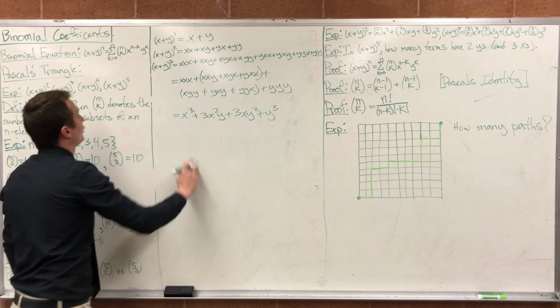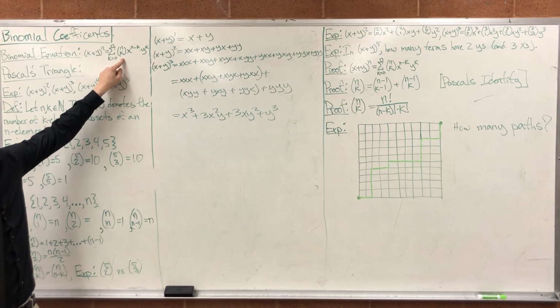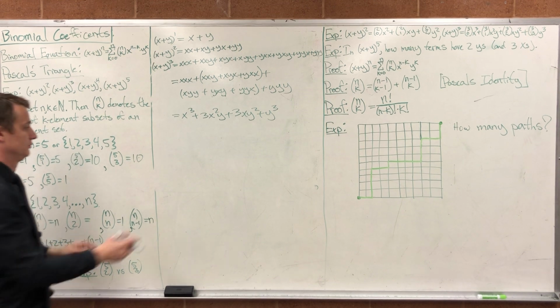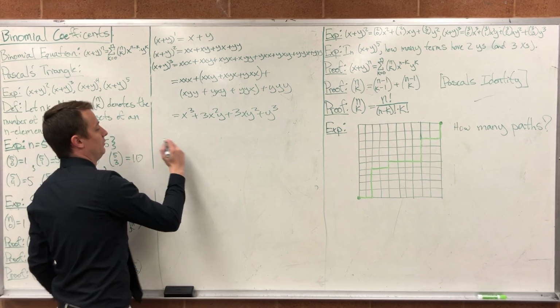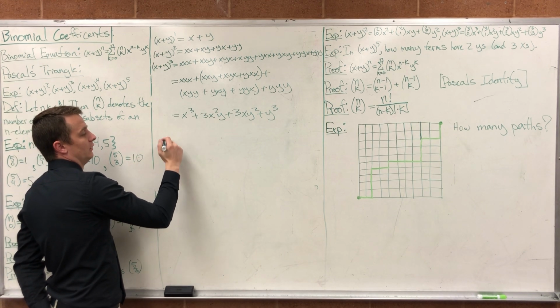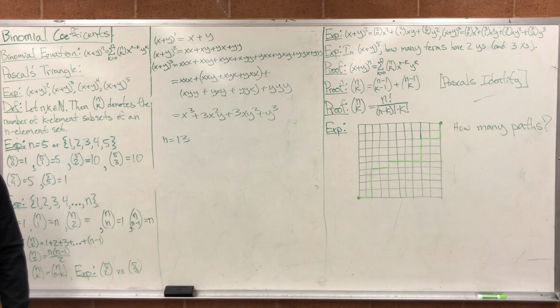Because for some arbitrary element here, if we were to expand this out, let's get a bit arbitrary here. Let's talk about n equal to 13, okay? So let's pretend that we're talking about n equal to 13.